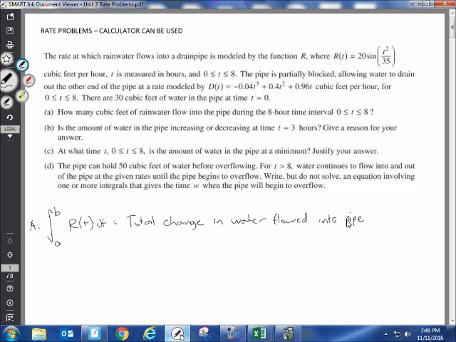It's not like a total amount. So the initial amount that they give me, I don't need. That's it. We should get just 76.57 gallons. No, cubic feet.